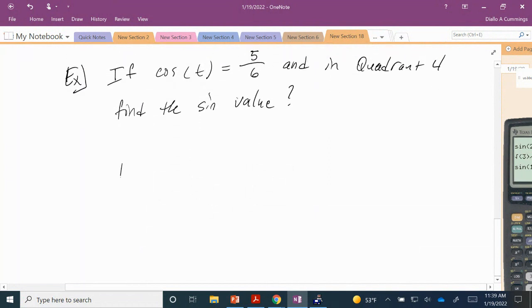Right? So we're asked to find the sine of t. Right? So I'll give you a second to copy that down. It says if cosine t is equal to 5 over 6, right, and it's in the 4th quadrant, we're asked to find the sine value.